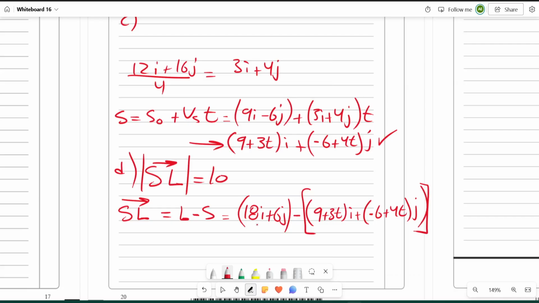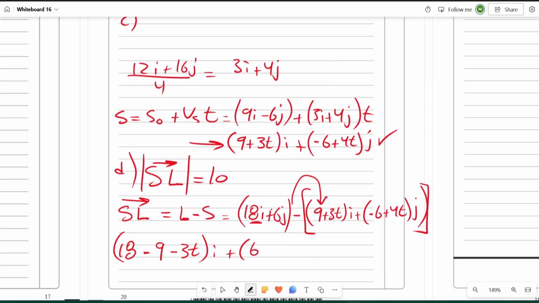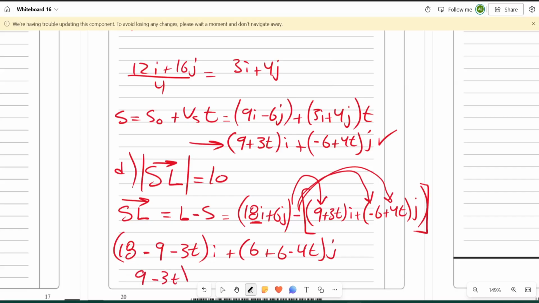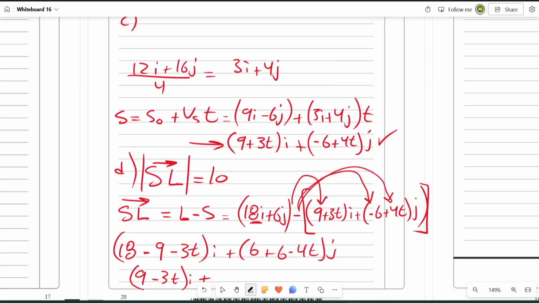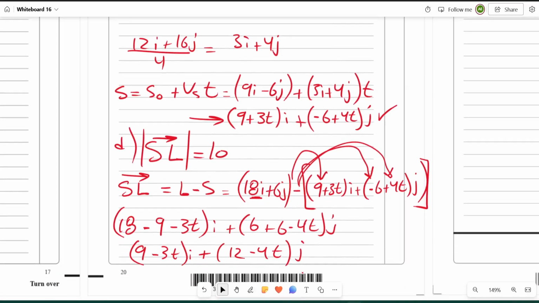So I'm going to have 18 minus 9, then minus 3t in the i, then plus 6, minus negative 6 is basically plus 6, and then minus 4t in the j. So this is going to be 9 minus 3t in the i, plus 12 minus 4t in the j. So this is basically S to L.